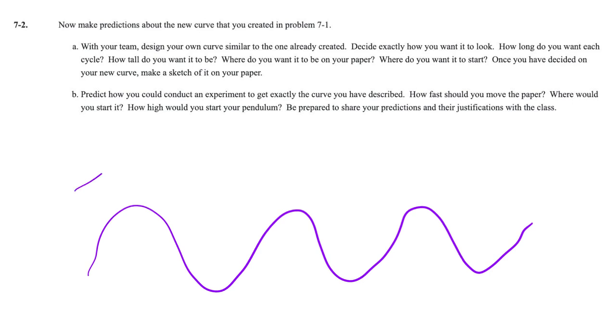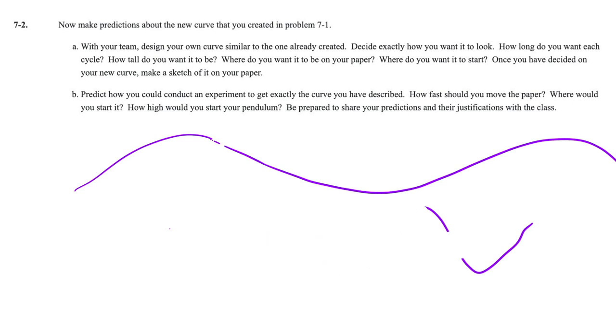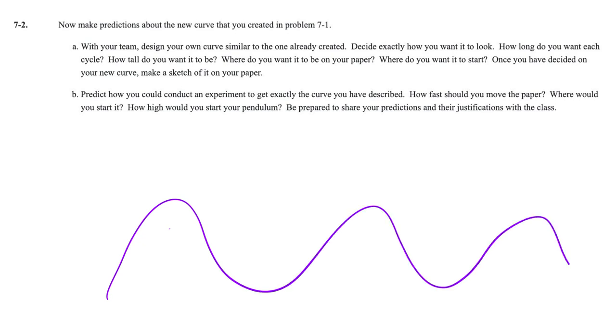How long would each of these cycles be? Does it swing slowly like that? Does it swing quickly like that? So that's really all that's being talked about. It's just getting you used to this cycle style thing. Is it these long cycles or are they just your typical cycle like that? So that's pretty much everything there. There is your lesson for this.